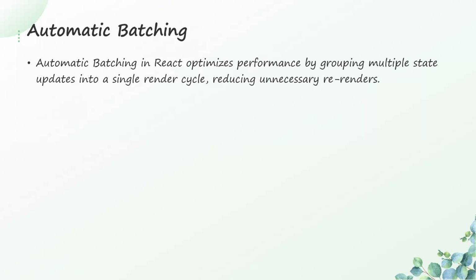You see, when we were creating our components, we had that render method. So if we have multiple state updates in a particular component, React is going to put all of them in one batch instead of running those updates one by one.